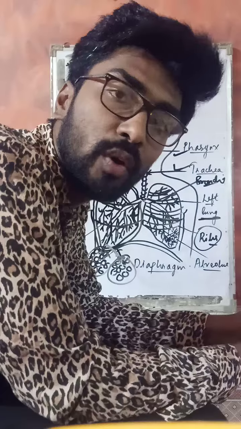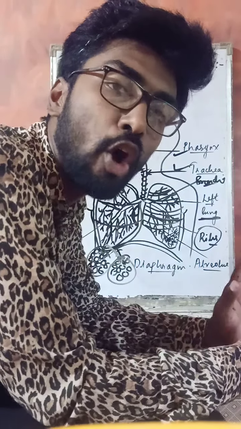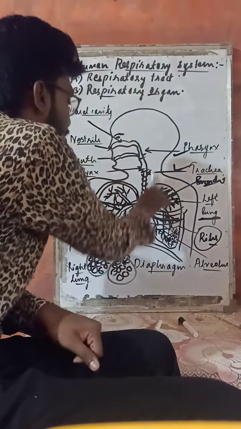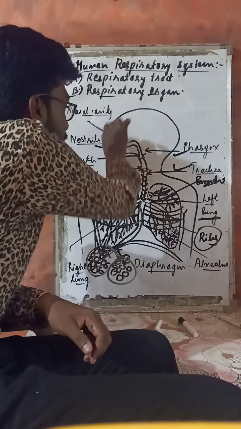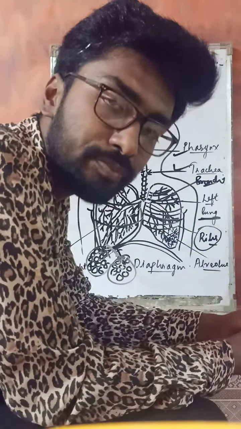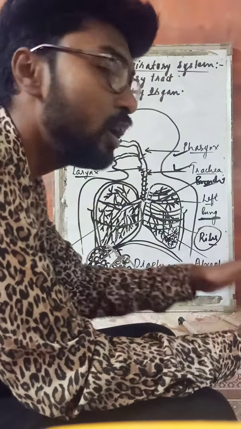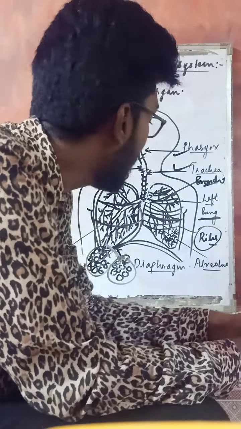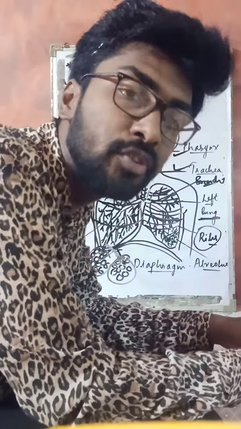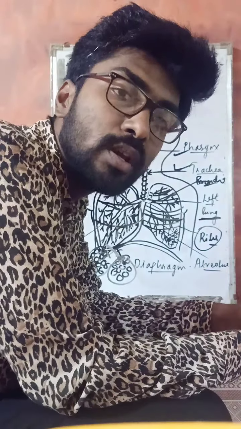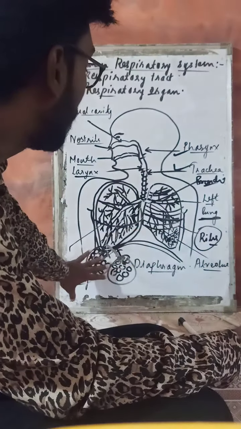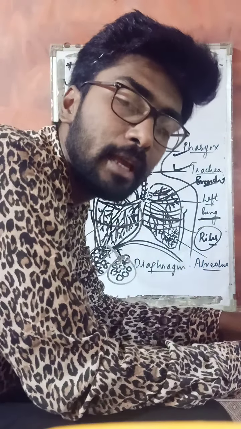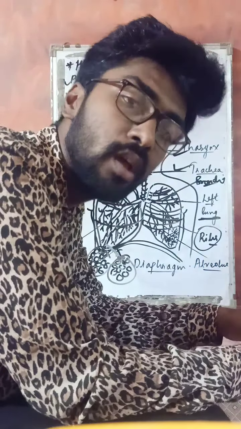These alveoli sacs are the major site where the exchange of gases takes place. That is, oxygen enters inside the alveolus and carbon dioxide is eliminated outside the respiratory system through the alveolus. They are lined by squamous epithelium. Near about 700 million alveoli sacs are present in the lungs, and they play an important role in the exchange of gases.